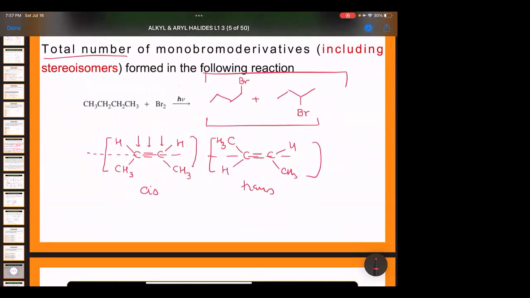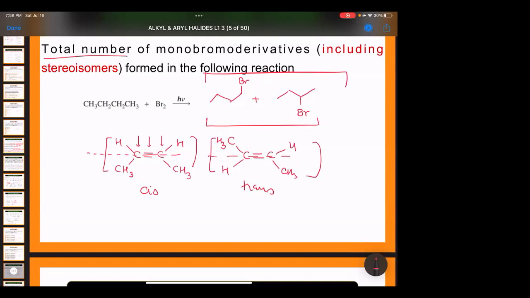So stereoisomer, the definition: the isomers which have the same sequence of bonds, but they differ only with respect to 3D arrangement of groups in space. And geometrical isomerism is one type of stereoisomerism.